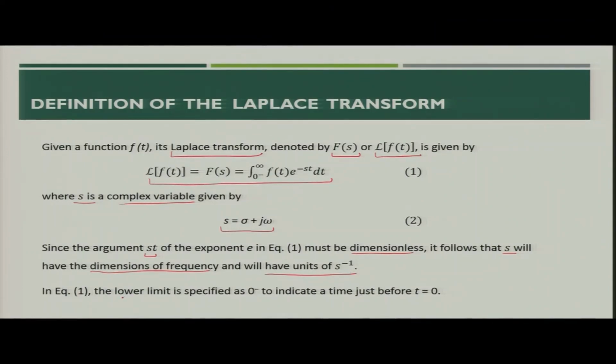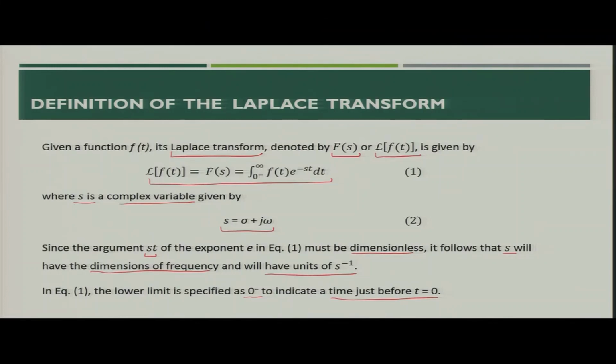Now, in equation 1 which you just saw, that is the definition of the Laplace transform, the limit 0 minus indicates that we are talking about the time just before t equal to 0. This makes sure that we are incorporating phenomena like switching on and switching off the circuit.